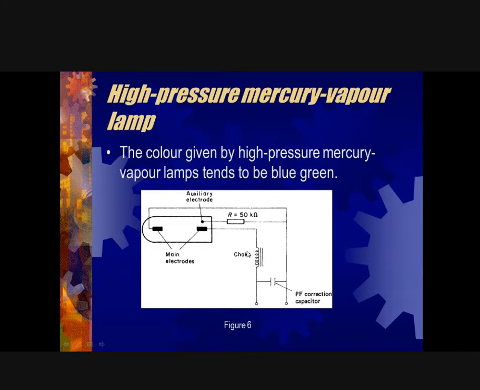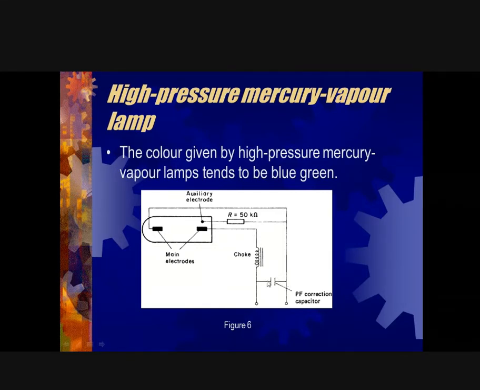The choke is there to reduce the starting current that is drawn by the main electrodes, because everybody should at this point understand how a choke works. On the sudden closing of the circuit, the choke will tend to oppose that inrush current, and then after a while it will reach its maximum current, right?